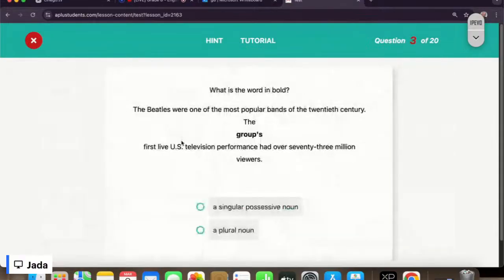Then: The Beatles were one of the most popular bands of the 20th century. The group's first live US television performance had over 73 million views.